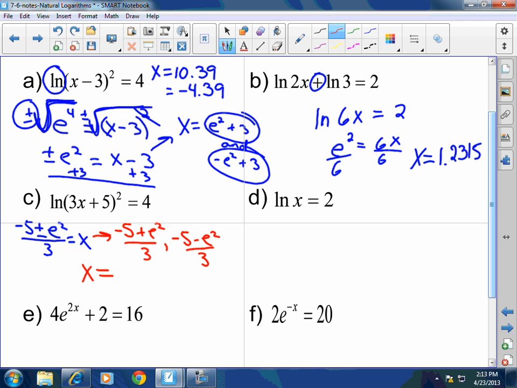What did you guys get? That's exactly what I got, 0.7963. And then, follow what I'm doing: negative 5 minus e squared divided by 3. What did you guys get for that one? Negative 4.1296. That's exactly correct. Does that make sense? Thank you.